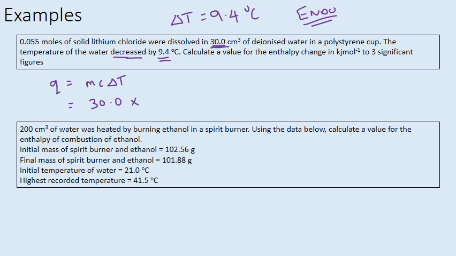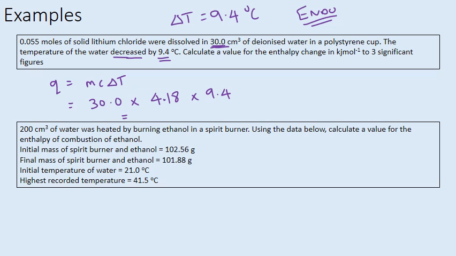The specific heat capacity of water is 4.18. You haven't been given this in this question because this is one of my examples. If this was an exam question, you would be given that within the question, and the change in temperature is 9.4.